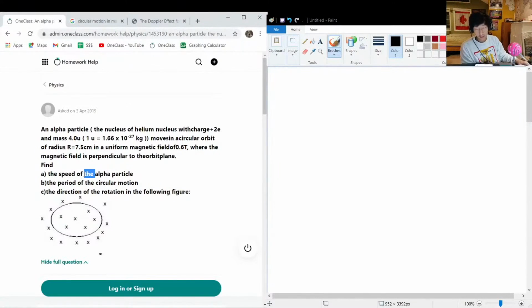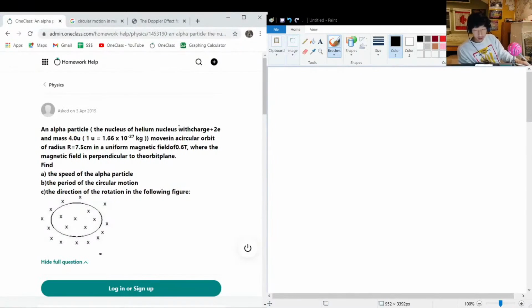Now we've got to find the speed of the alpha particle, the period of the circular motion of the particle, and the direction given this diagram. This diagram is a little bit sketchy because it should be a perfect circle, but we'll just pretend that's a perfect circle. Okay, so the first thing that we want to do is extract all of the important information out of this question.